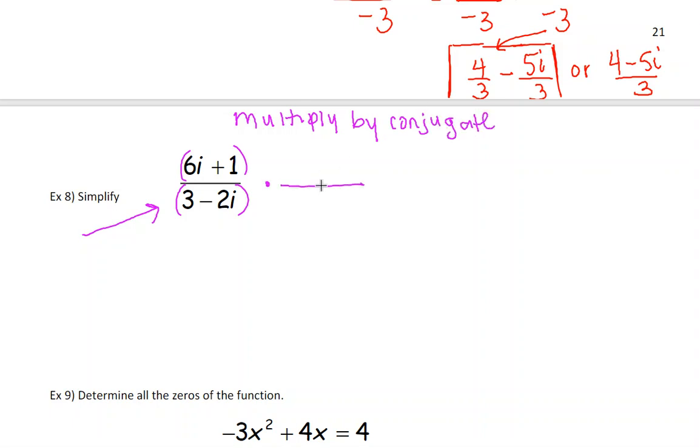The conjugate of the denominator is basically the same exact binomial, but you change the sign. So if 3 minus 2i is my expression, 3 plus 2i is its conjugate.